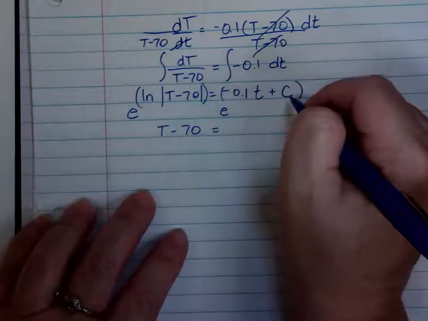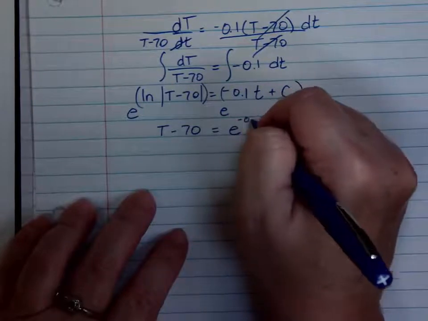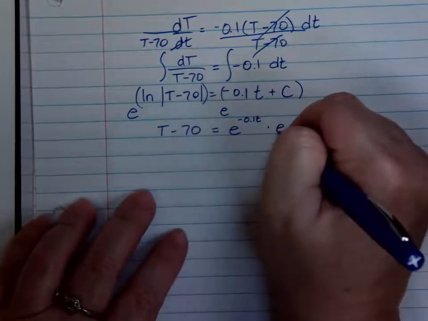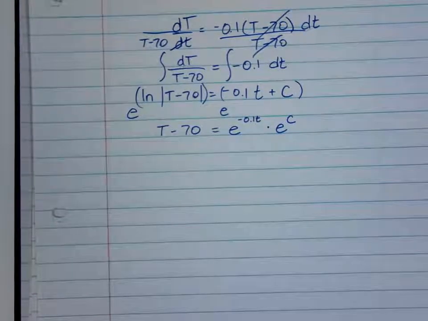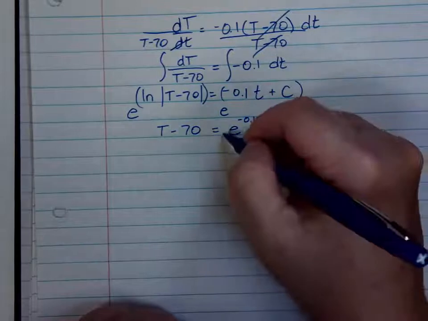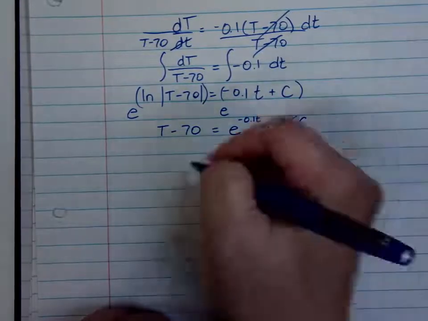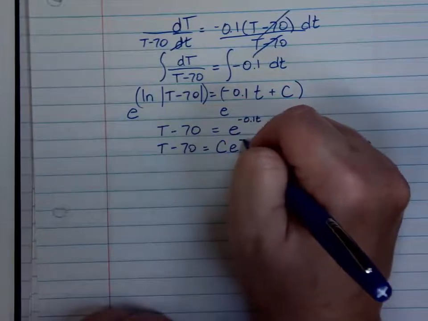So it's going to be e to the negative 0.1t times e to the C. Do you remember this from last week? I think we did this on Wednesday. And this e to the C is just another big C. It goes in front of the e that's still there. So T minus 70 equals C e to the negative 0.1t.